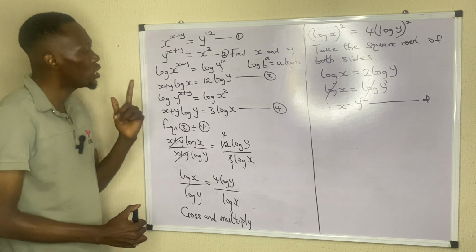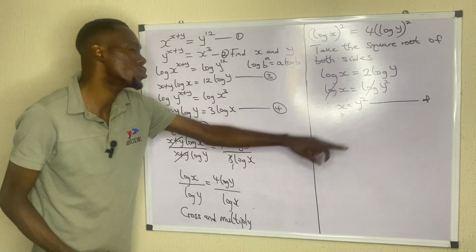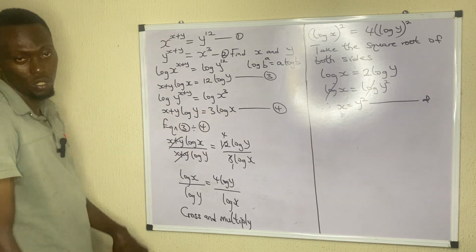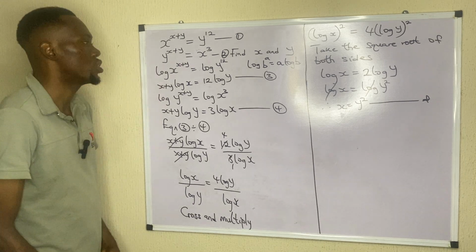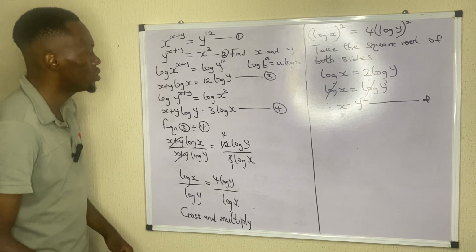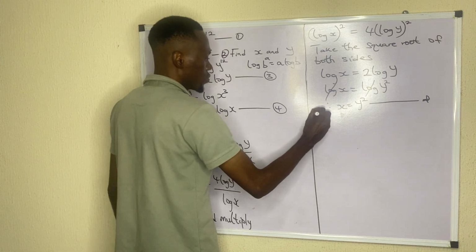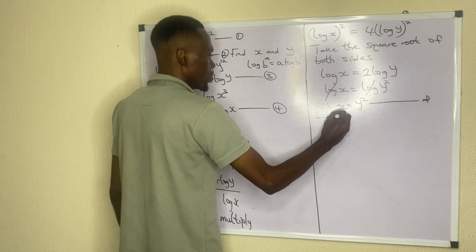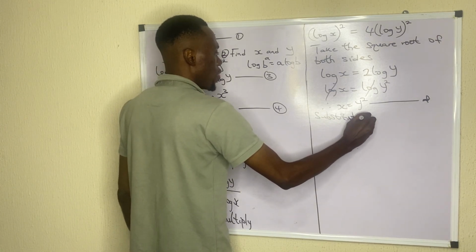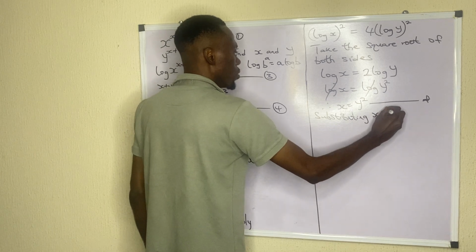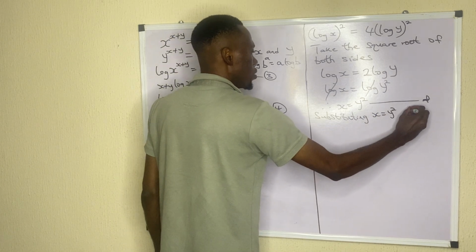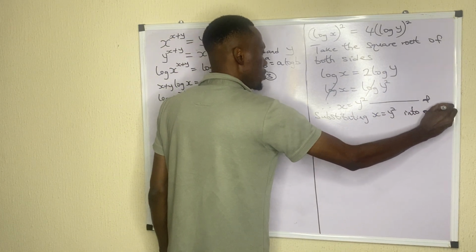So what will I do now? I will substitute x equals to y squared into any of the equations. Let's use equation 1. So that means substituting x equals to y squared into equation 1.